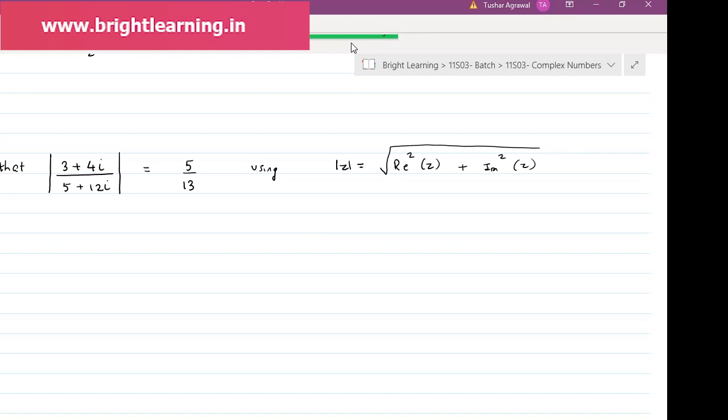In this question, it is explicitly said that you know only this definition. Modulus of z is equal to what? Real part square plus imaginary part square, under root.